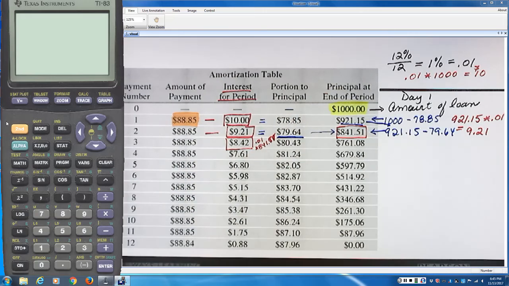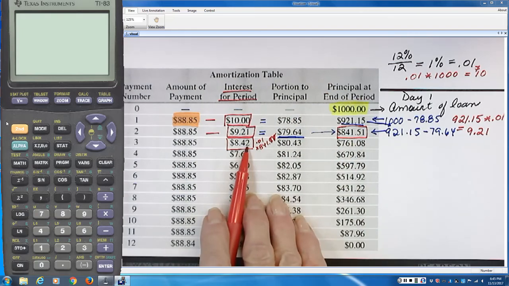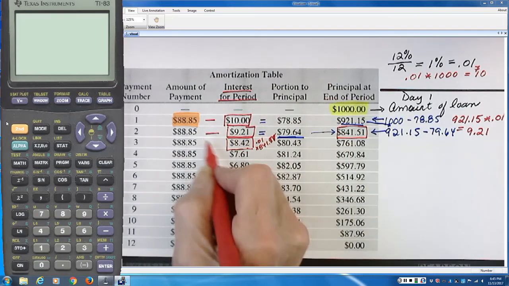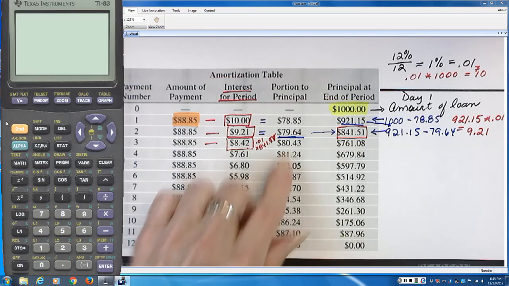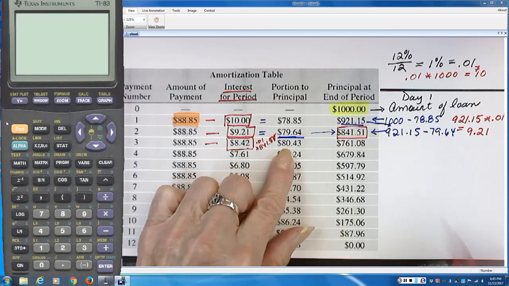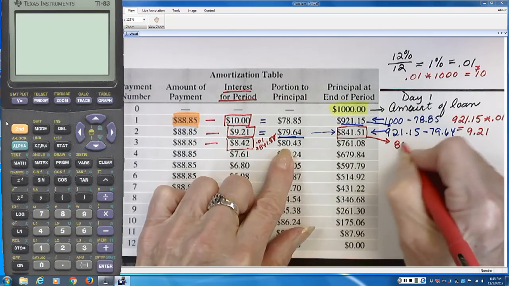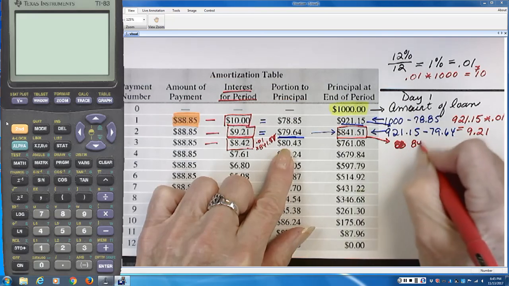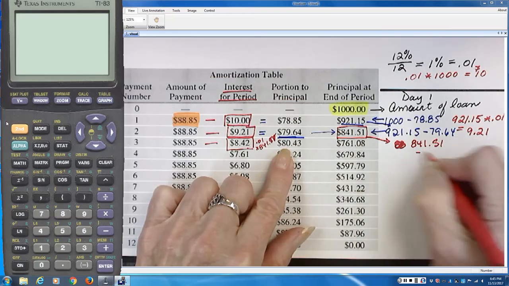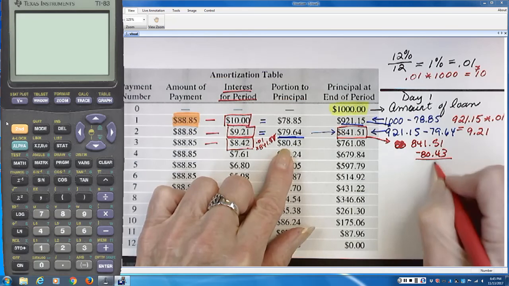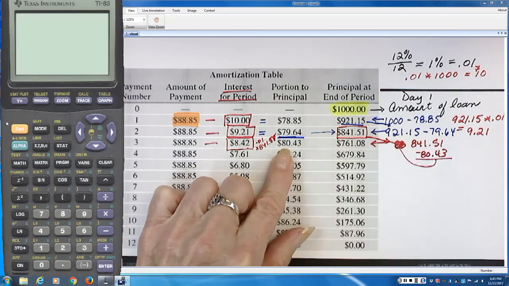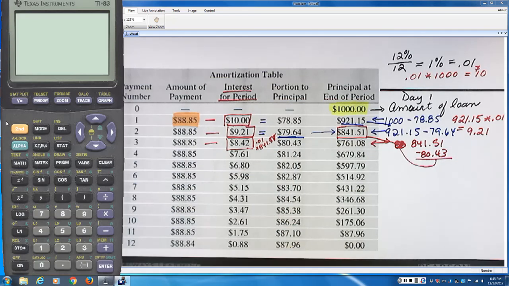So you take 1% of this to get this, and you subtract that from the payment, and you get an amount that you're going to subtract off of this payment to get your next balance. And you keep doing that month after month after month.